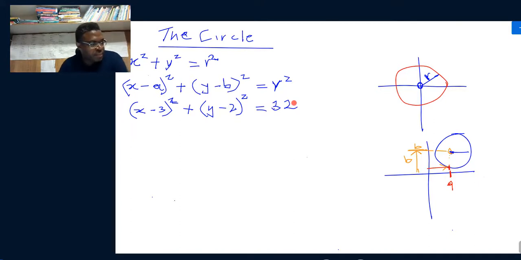It means that your circle is no longer at the center. If it's no longer at the center, how do we interpret this? Let me correct here. I want you to see that this is a 2, I don't want you to be confused.